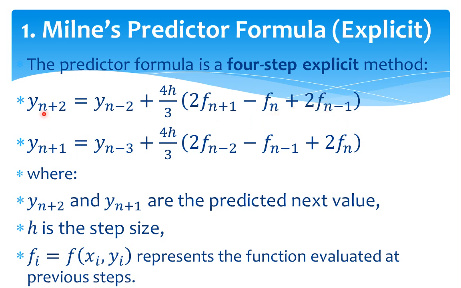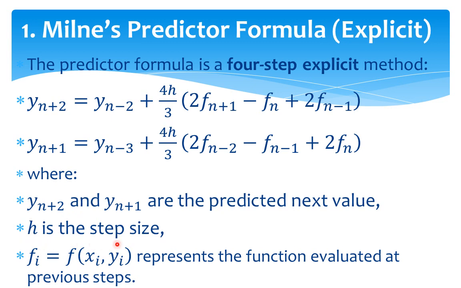Now you can see here, some books give this formula and some books give that formula. Both formulas are the same. You can use any formula in your calculations, where y(n+1) means we find these values, the predicted next value.